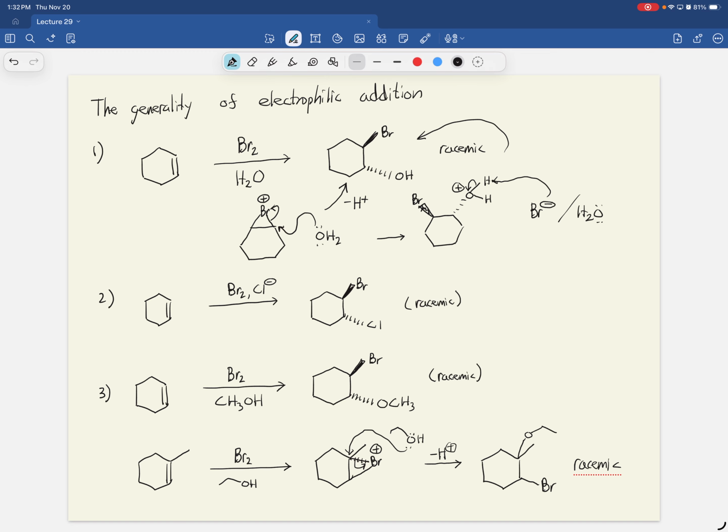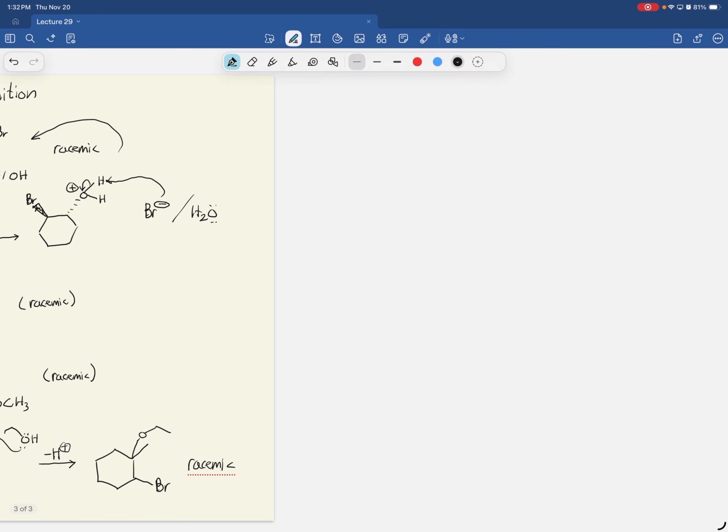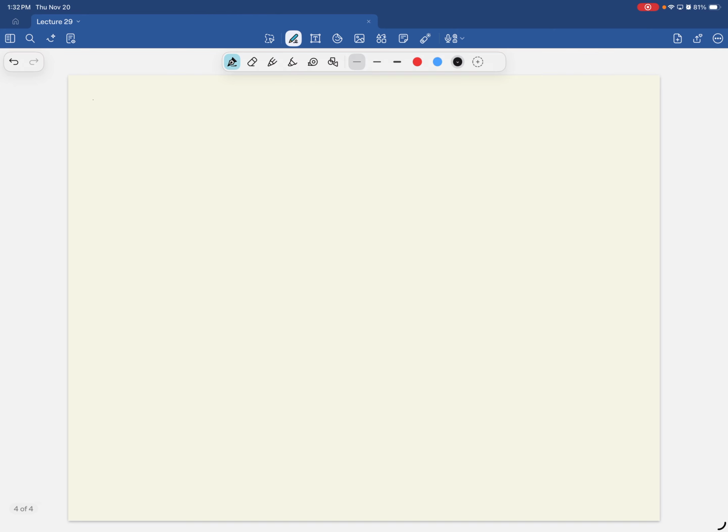All right. So let's summarize this part by just going over some commonly used nucleophiles. So let me just go to the next page. I'm going to summarize what nucleophiles we use. So for the addition of these halogens and then the opening of the ring, some commonly used nucleophiles, let me just write it out.